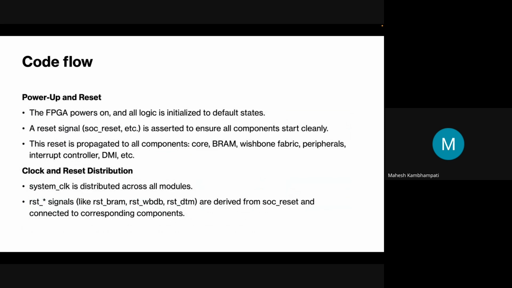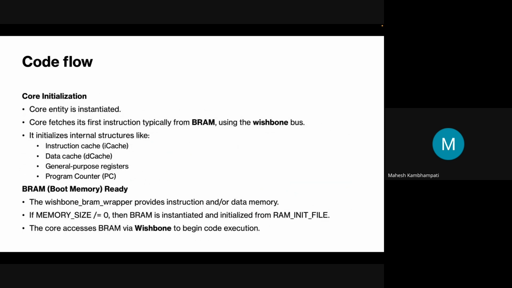So power up and reset simply powers up and resets all the internal blocks, and clock and reset distribution distributes this reset signal to every other block. And the core initializes its instruction cache, data cache, GPRs, and program counters, all of these things. Then the boot memory starts up and initializes everything.